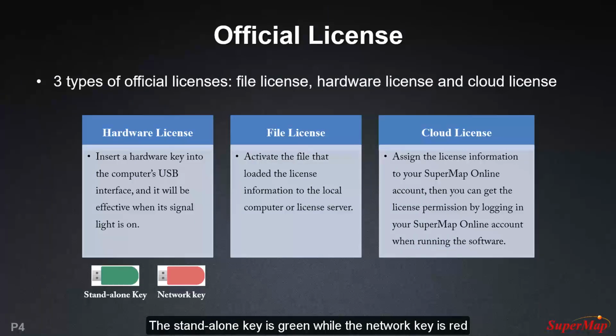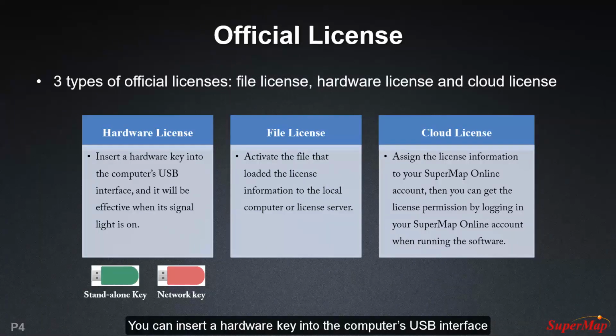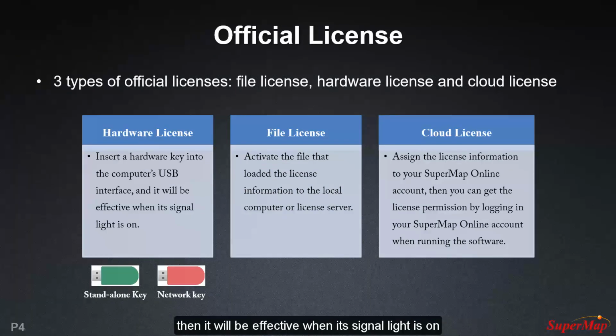The standalone key is green, while the network key is red, and they look just like U-disks. You can insert a hardware key into the computer's USB interface. Then it will be effective when its signal light is on.